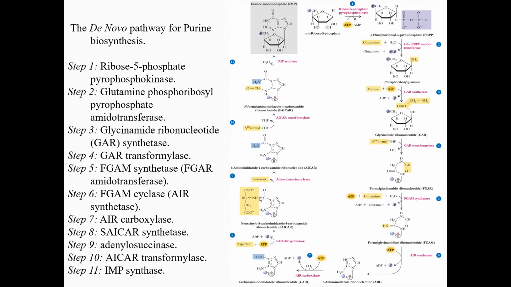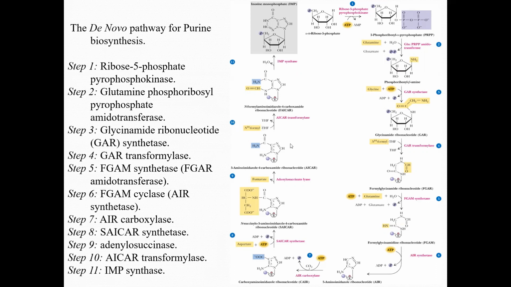And this compound, in presence of lyase enzyme, whose full name is adenylosuccinate lyase, fumarate gets removed from this part leaving behind the amino group, and it will become 5-amino imidazole 4-carboxamide ribonucleotide.